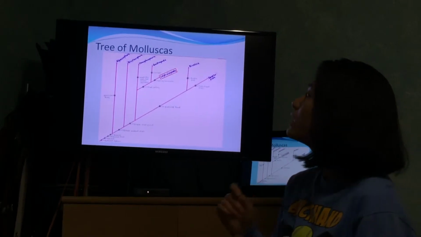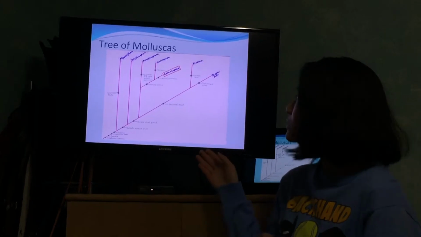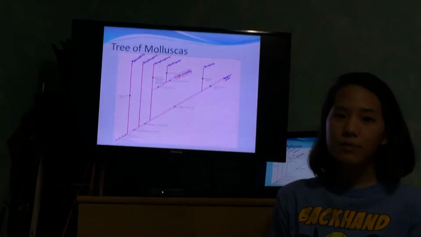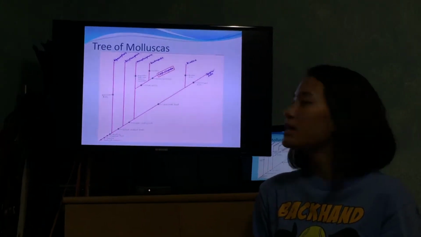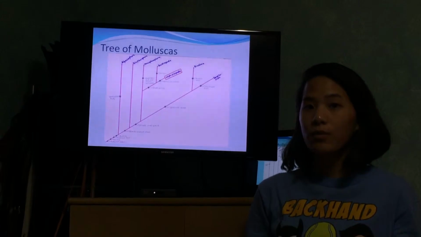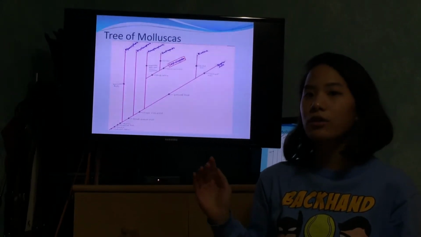And lastly, here's a tree of all the classes in the mollusks phylum. What differentiates the mollusks from the other phylums is that it has a reduced coelom, meaning a smaller body cavity. It has a mantle. It has a muscular foot.